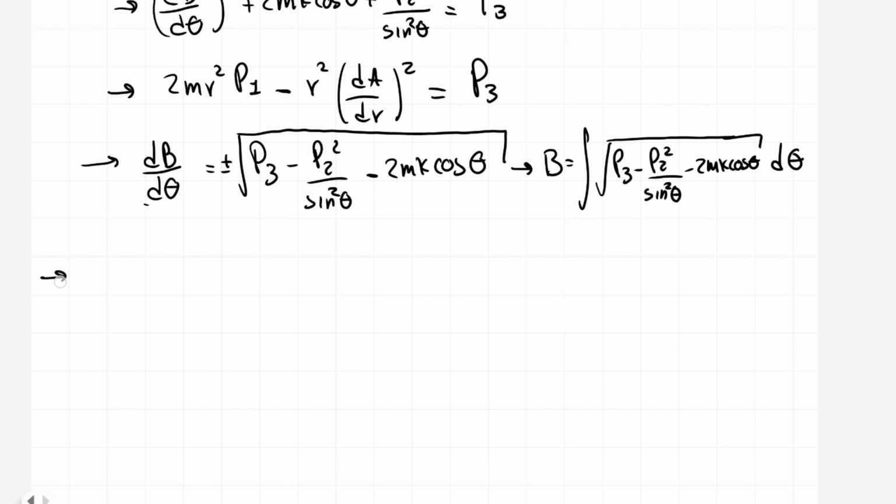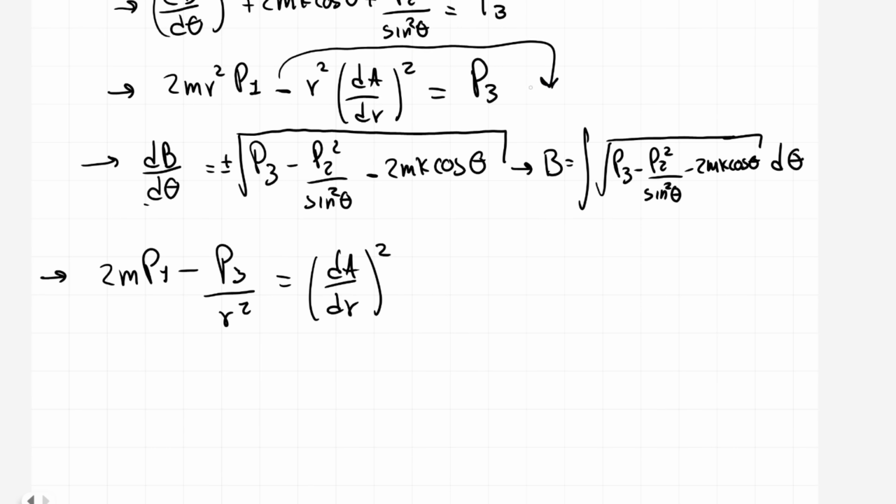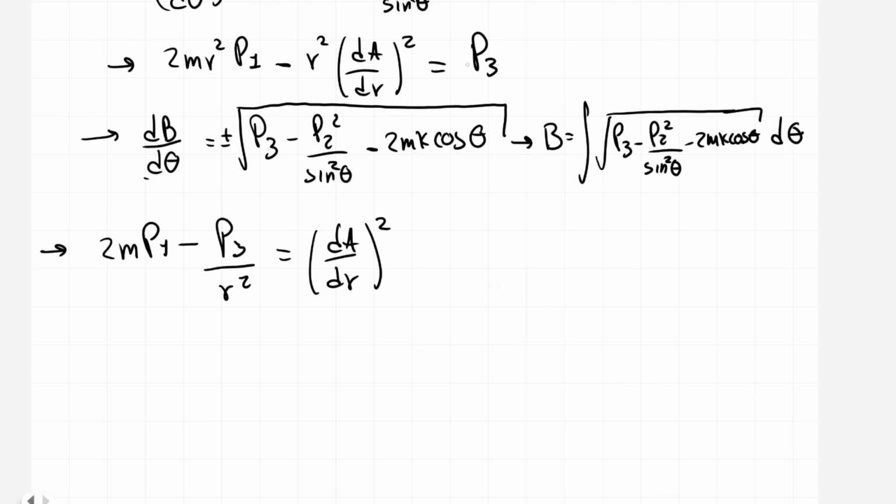Then what are we going to get? Well, we will have 2mp1 minus p3 divided by r squared equals the derivative of a with respect to r squared, just by taking these to the right hand side and then dividing by r on both sides, and taking this p3 to the other side, of course.